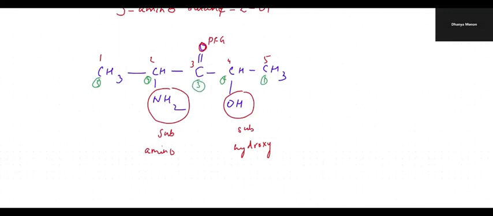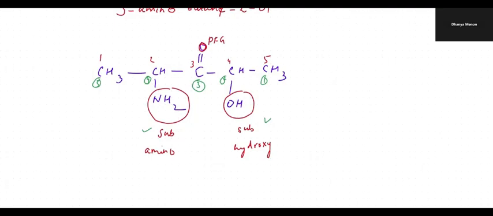Because both amine and alcohol have become substituents, substituents have nothing to do with the priority. Priority is checked only for deciding the primary functional group.